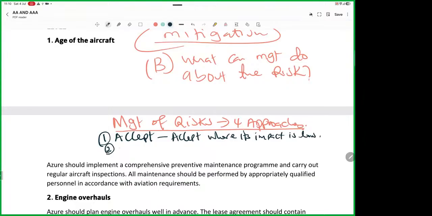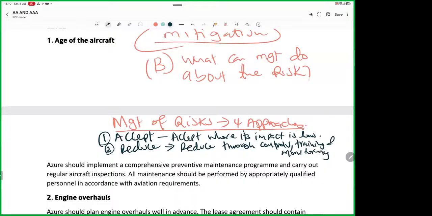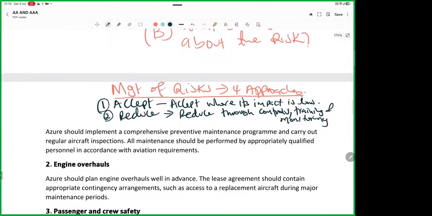Number two, reduce. This is another way of managing risk. Reduce through controls, training and monitoring. Training and monitoring, very, very important. Three, the third approach is avoid.